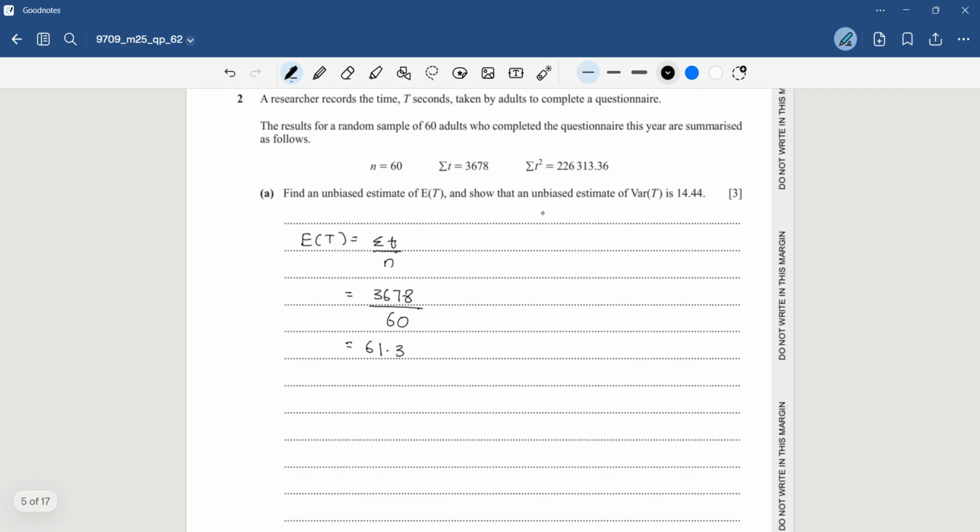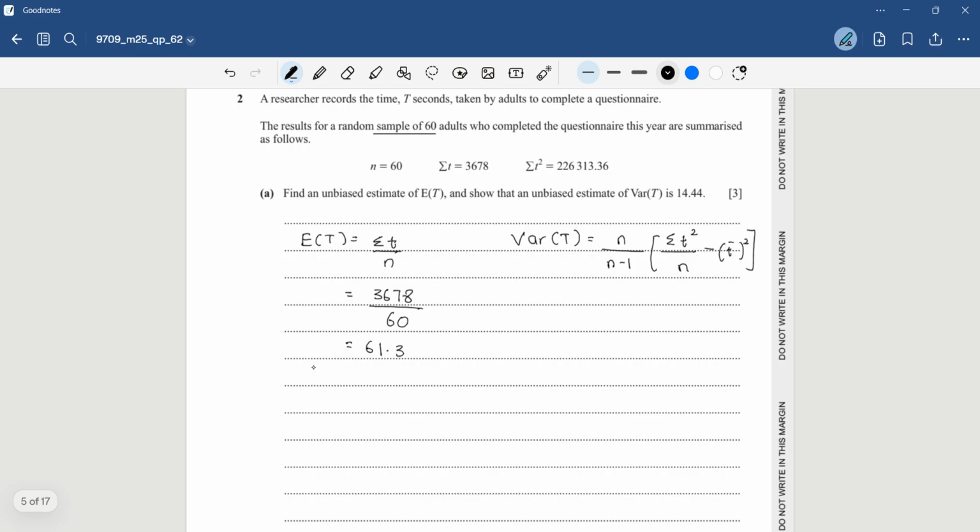Whereas for the variance formula, this is a sample, and they ask for the unbiased estimate. So the variance of t, the formula is going to be n over n minus 1, times the sum of t squared over n minus the mean squared.